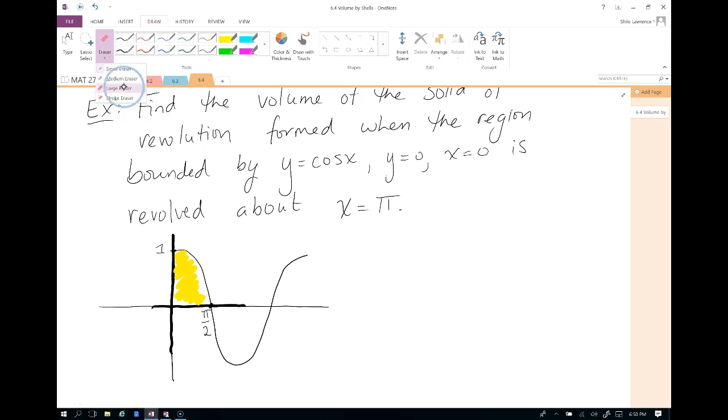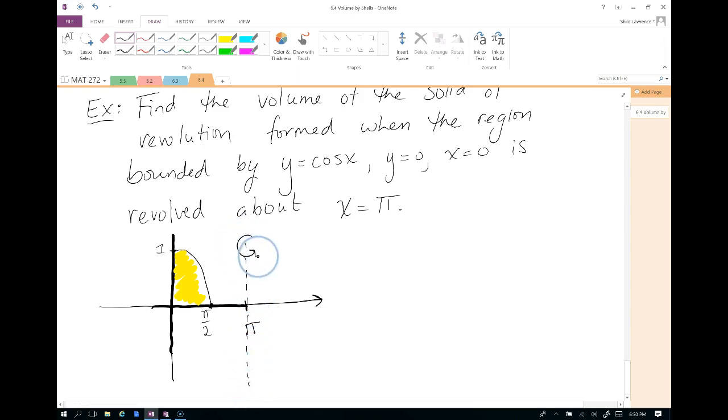It's just going to get in our way now that we know that we don't need it for this problem. So we've got our region. Let's say here's pi. That's where our axis of revolution is going to be. That's where we want to revolve around.